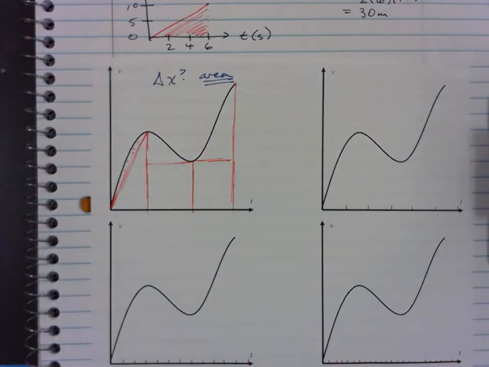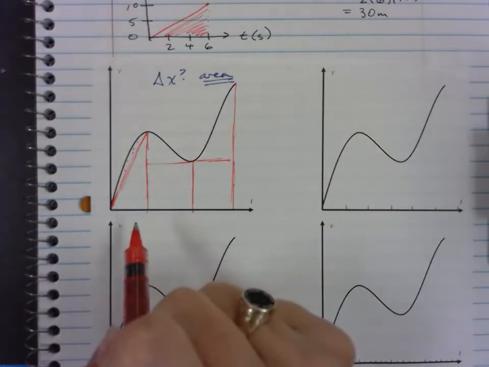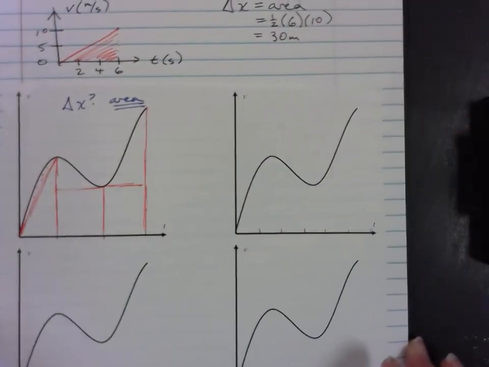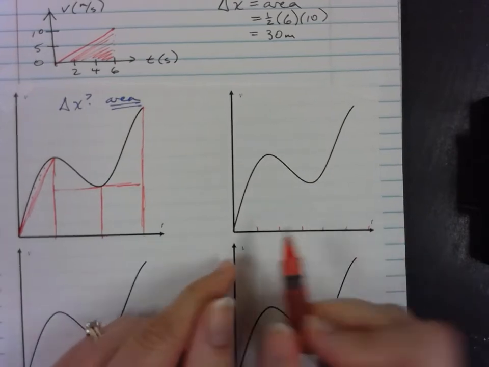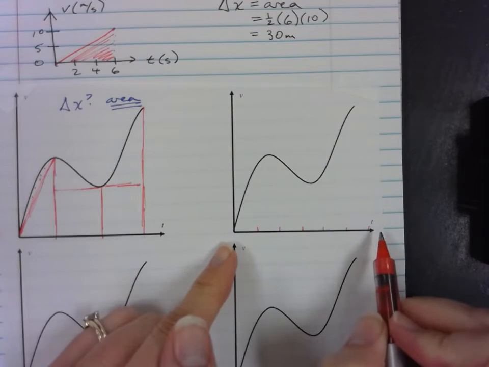So someone came up with an idea, and I don't know if this exactly was Newton, of saying, instead of doing all these funky different shapes, let's make this a process we're going to do over and over and over, an iterative process. So on this same graph, same motion, I have broken the time axis into 6 equal parts.